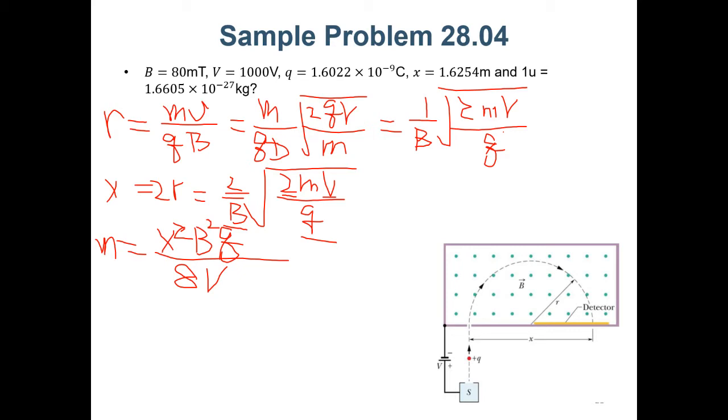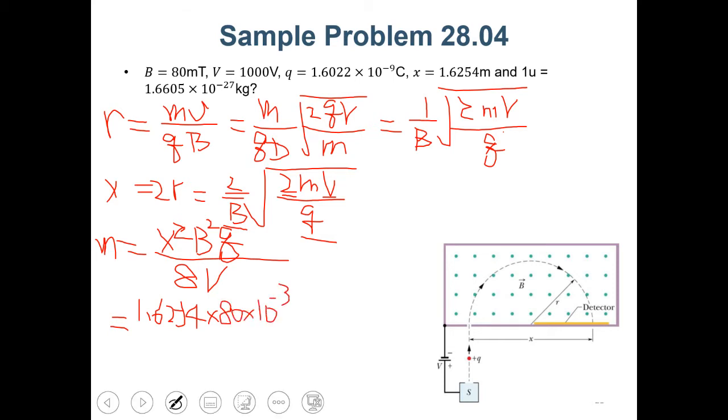And then we substitute all the numbers into here. So we have x equals 1.6254, and then times b equals 80 millitesla. And then we have Q is 1.6022 times 10 to minus 9.